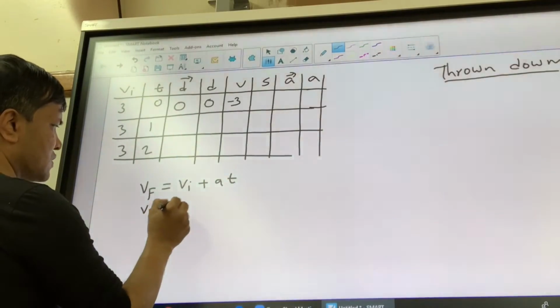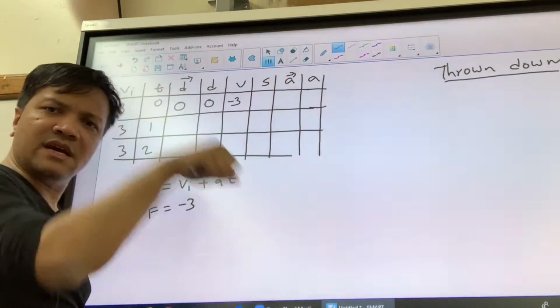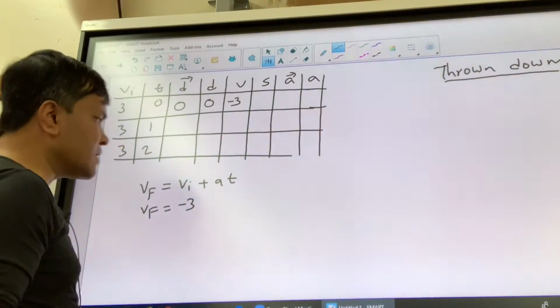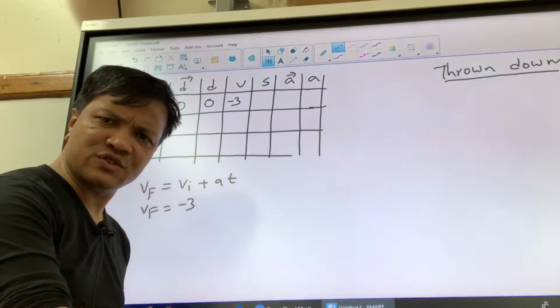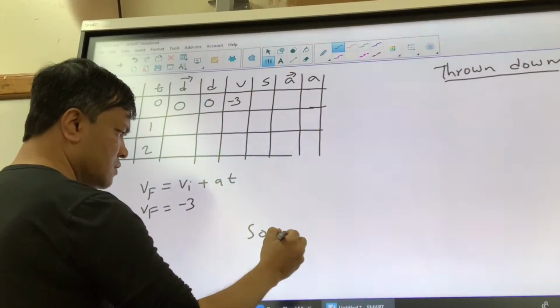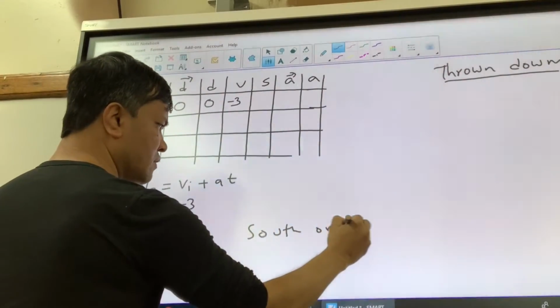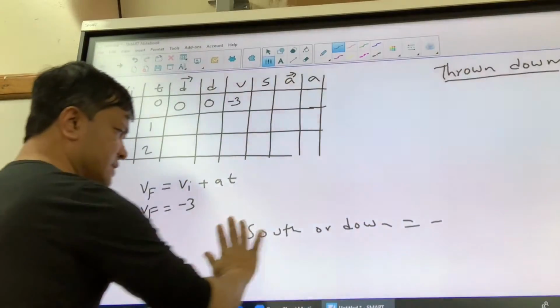So Vf is equal to -3, because that's the initial velocity. Since I'm throwing it down, the direction is to the south, or down, which is negative. Get it?